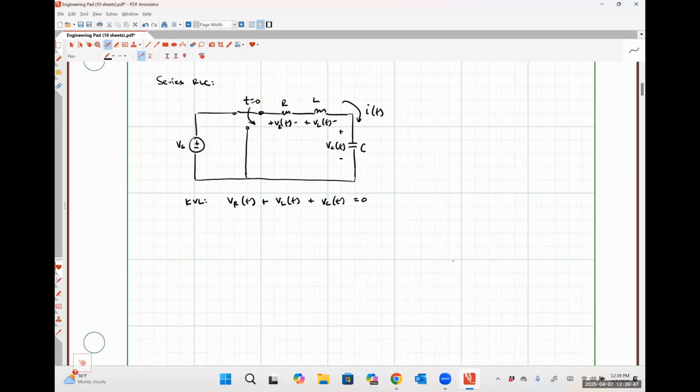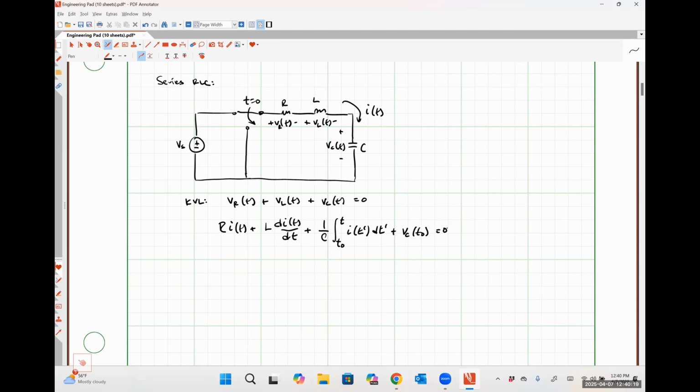Substituting things in terms of that common current I had R times I of t plus L di by dt plus 1 over C times the integral from t naught to t of I(t') dt' plus VC at t naught was equal to 0.